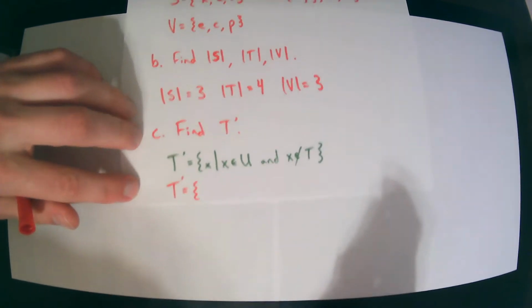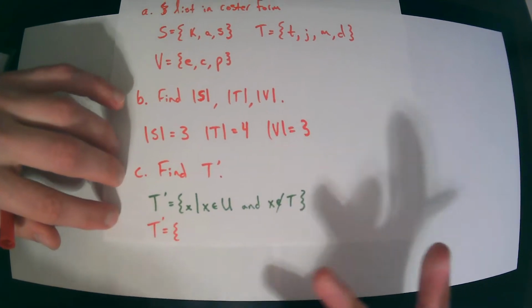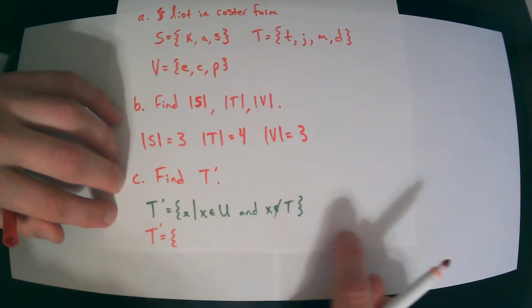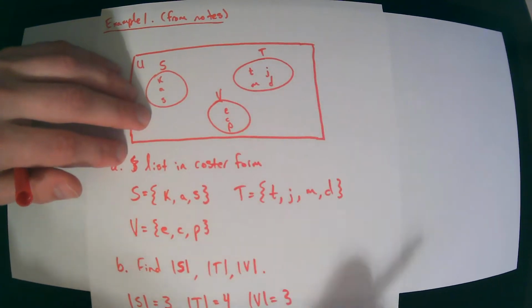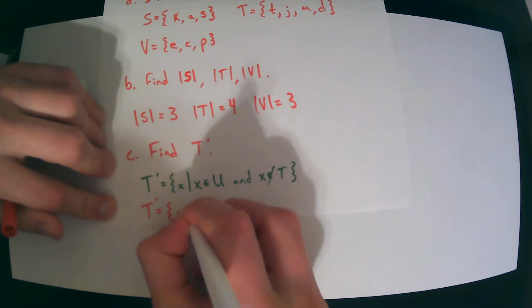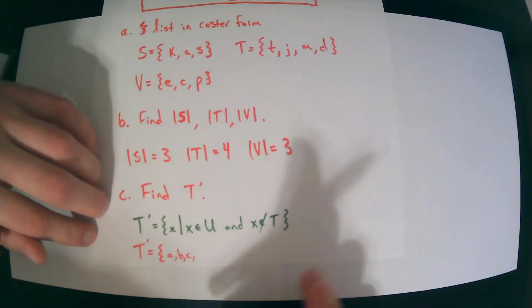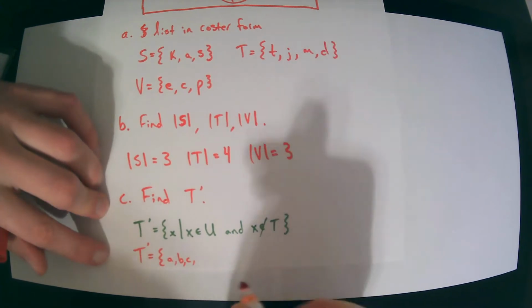So what are the letters that are in the universal set and not in T? Basically, I'm going to list out the entire alphabet, but I'm going to exclude T, J, M, D. Okay, so I'm going to say A, B, C, now I don't want D because D is in T. So these are the ones I'm excluding.